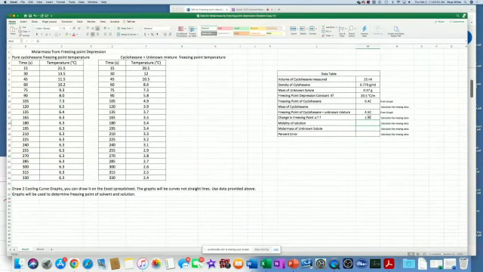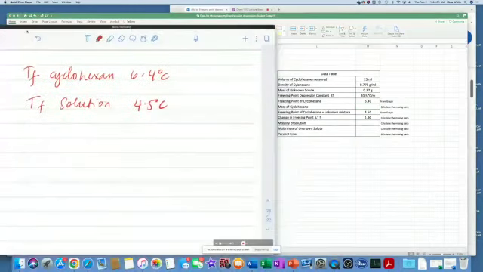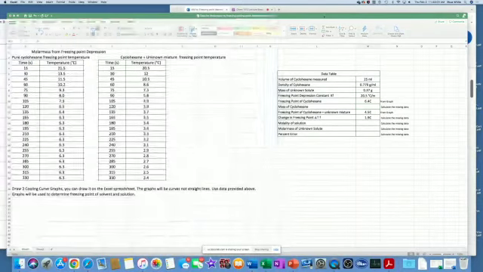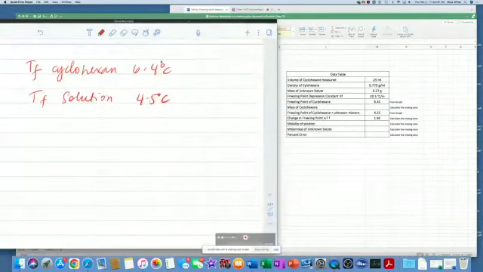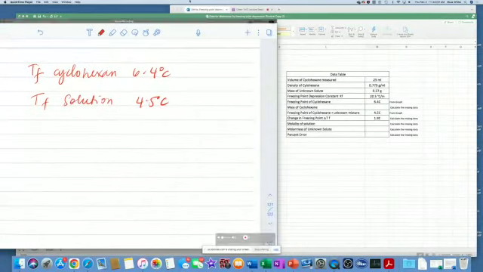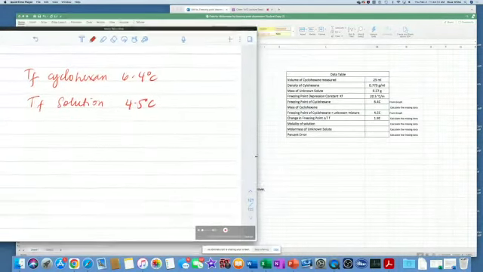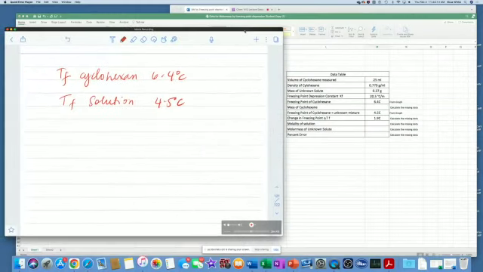Okay, so now we're figuring out the mass of cyclohexane and filling in the rest of these, right? So how do you think we'll find the mass of cyclohexane? Look at the data you have in front of you.